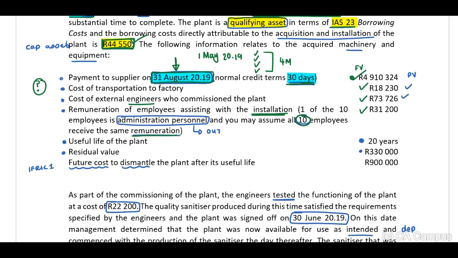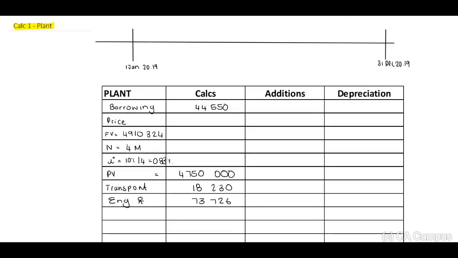We only need 9 out of the 10. Therefore, this relates to the employees, right? And this is an amount of 31,200 times 9 over 10. And this is an amount of 28,080.